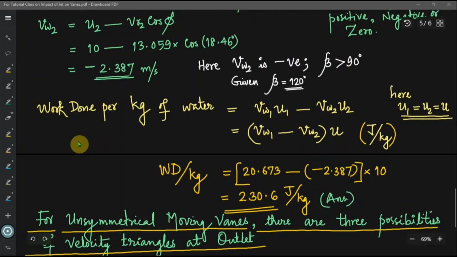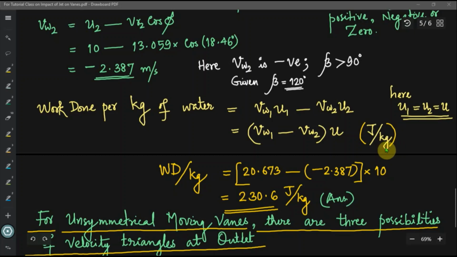One more important thing, if you want to find out the work done per unit weight of water striking the vane, then you have to divide this quantity by g, which is acceleration due to gravity. So VW1 U1 minus VW2 U2 divided by g will be the work done per unit weight of water striking the vane, and that you can obtain in joule per Newton.